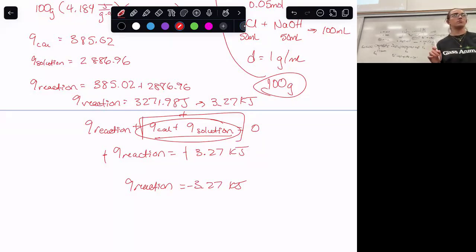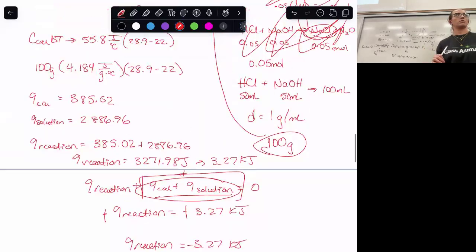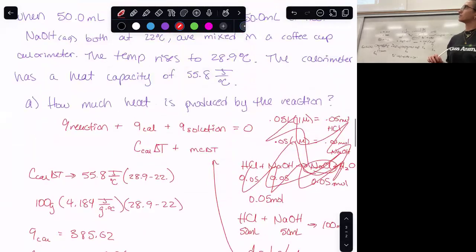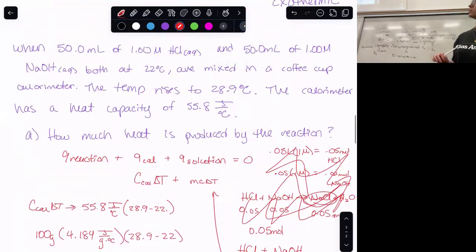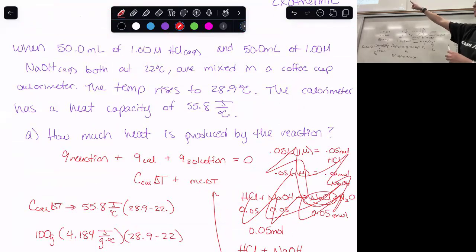Any other questions? Does that make sense why we used the density of water for the solution? You were given 50 mL for both of them, so you have a total volume of 100 milliliters after you combine them. That reaction is the sodium hydroxide and the HCl forming a salt and water, and so you have 100 mL of that water solution.